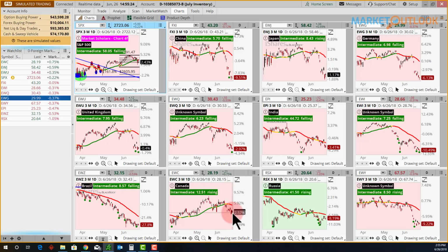So a Harami pattern though, so there's opportunity that we can bounce off, and this would be more correlated with crude oil. So there's opportunity there in Canada, and you can see Brazil down, one of the bigger ones down, but still looks like it's trying to base inside the range of that long lower shadow where my cursor is here.